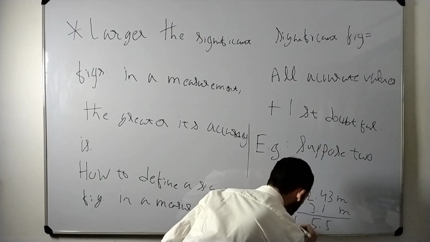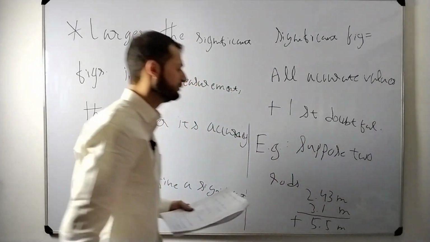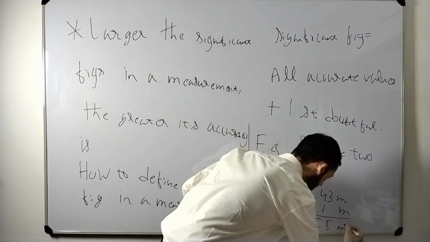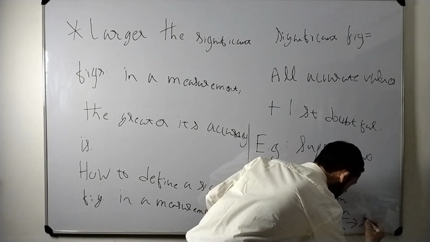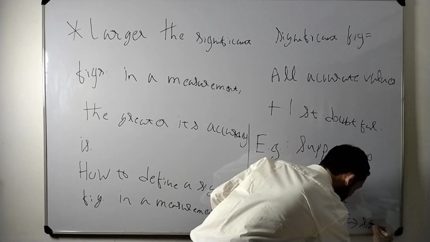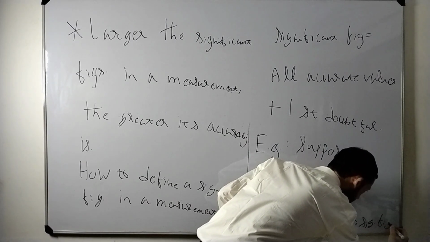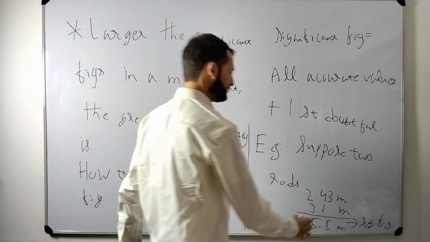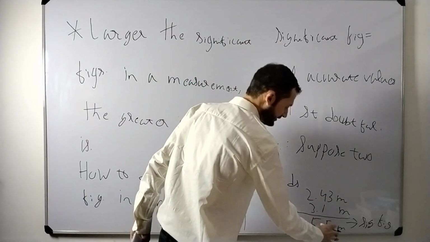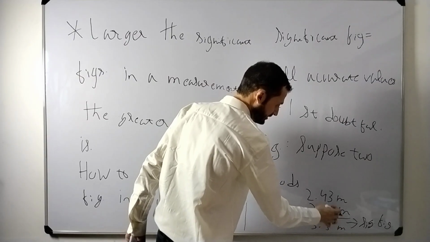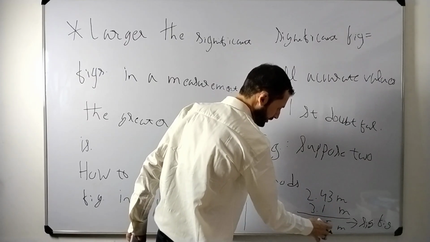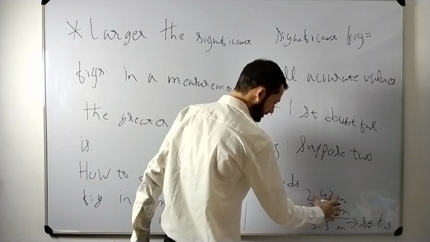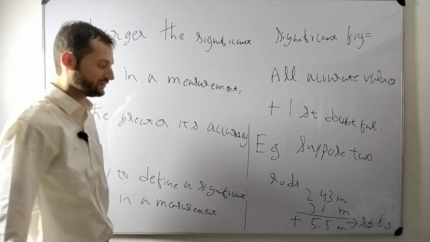You add the rods and this becomes 5.5 meter. This is a significant figure. So where is the 3? So where is the number 3? As I have told you, you take the first doubtful. So 5.5 is the first doubtful, and you don't actually take the 3 here. Okay.